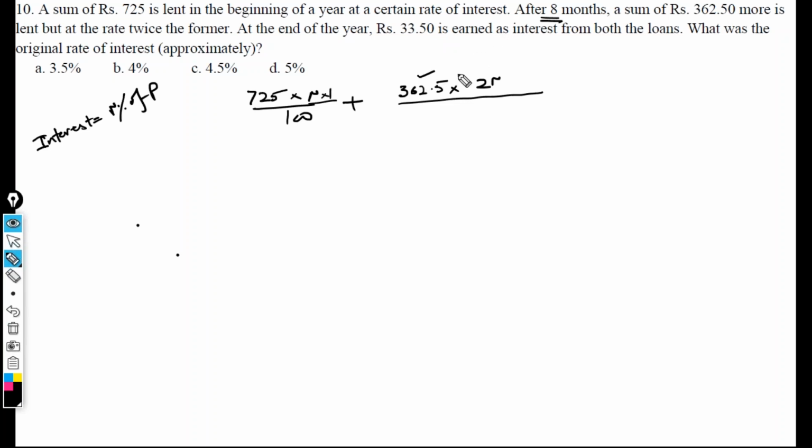So this investment is for a period of 4 months only. So we need to convert these 4 months to years. So we can say that 4 months are equivalent to 4 by 12 of a year, which is 1 by 3. So I am taking the period here as 1 by 3 into 100 equals the total interest earned, which is 33.50. I hope this part is clear to each and every student.